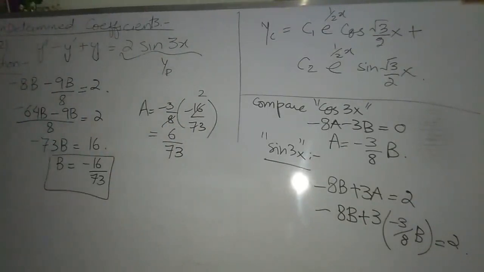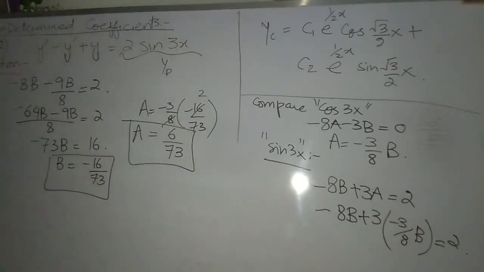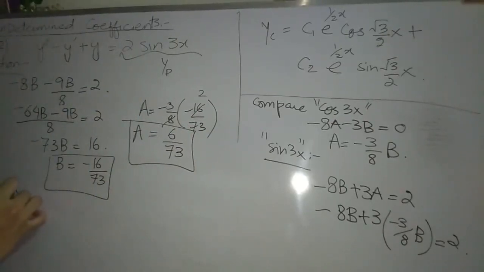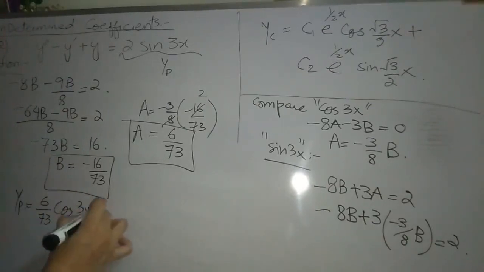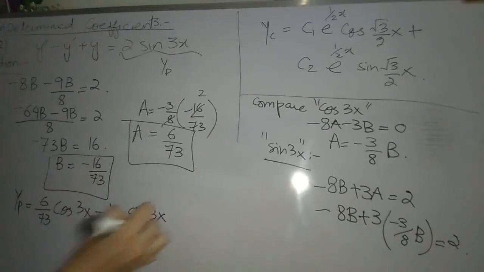So here a and b are determined, so I am just replacing the values in this yp. So yp is a, which is 6 by 73, cos of 3x plus b, which is minus 16 by 73, sine of 3x.